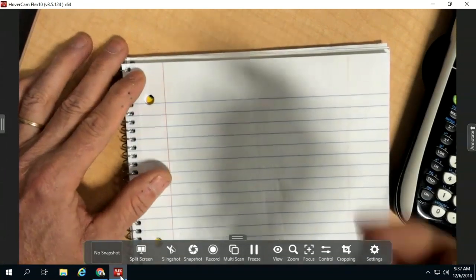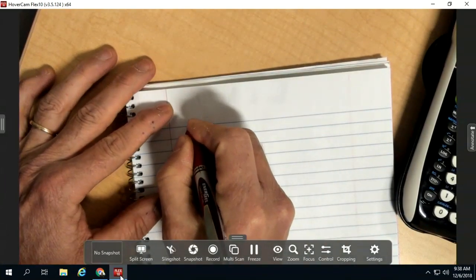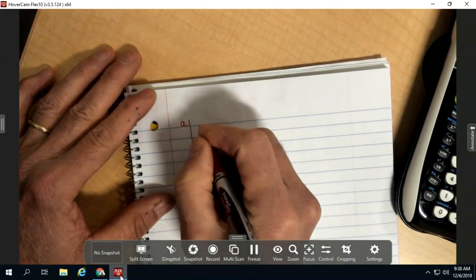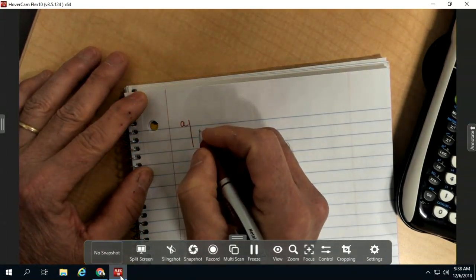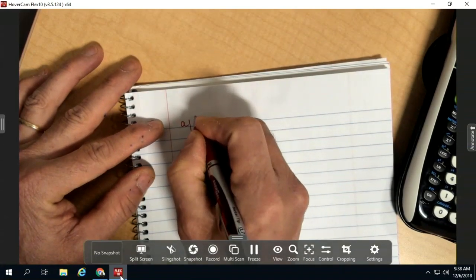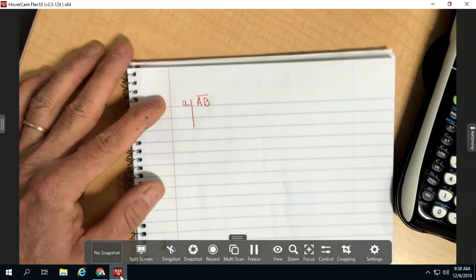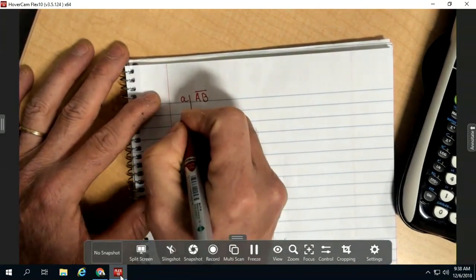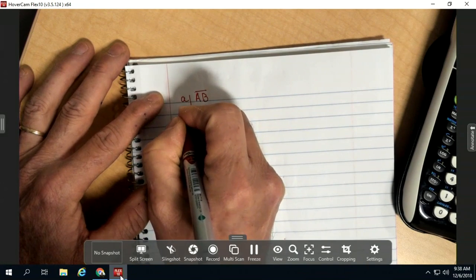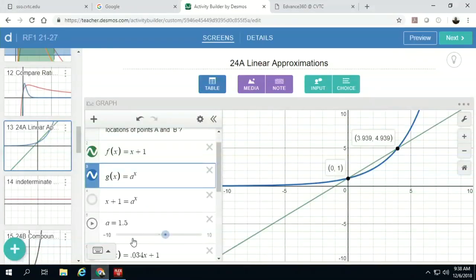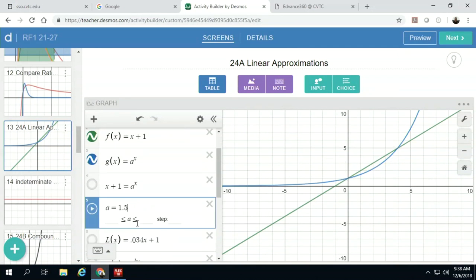Okay, so if we have values for A and A to B. So I'll just do the line A to B. So if we take A is 1, well, here's a graph where A is 1.